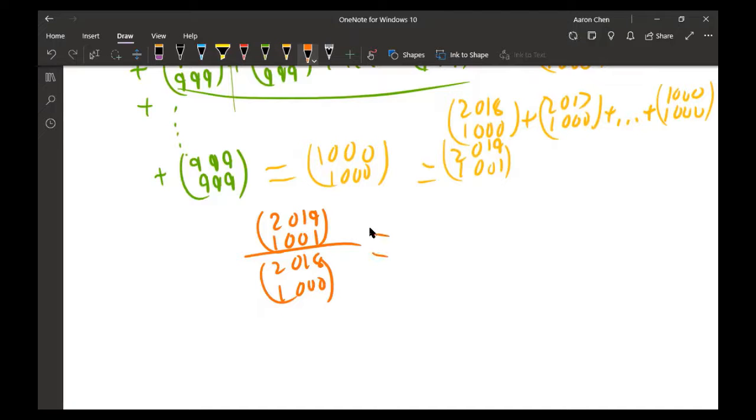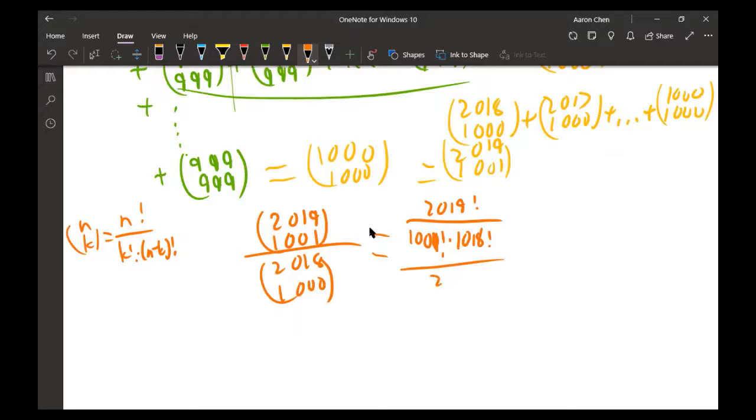And so now, using one of the definitions of n choose k, which is n factorial over k factorial times n minus k factorial, this is equal to 2019 factorial divided by 1001 factorial times 1018 factorial, divided by 2018 factorial divided by 1000 factorial times 1018 factorial.